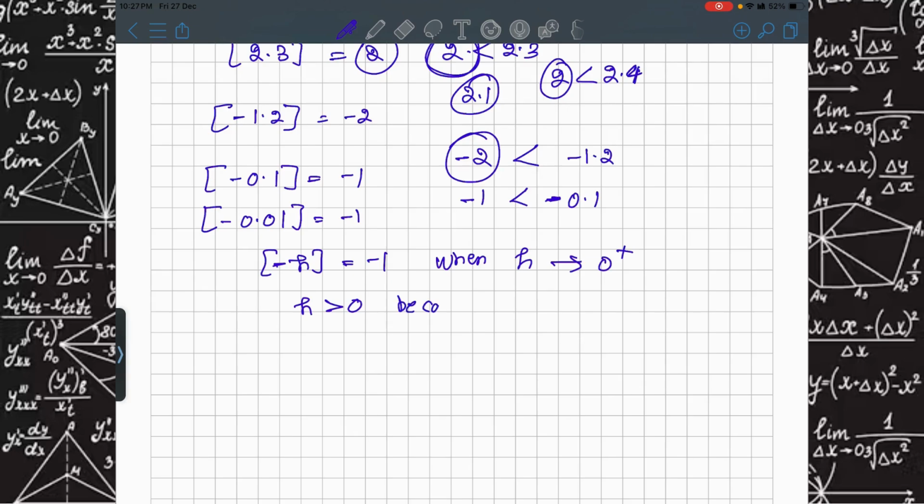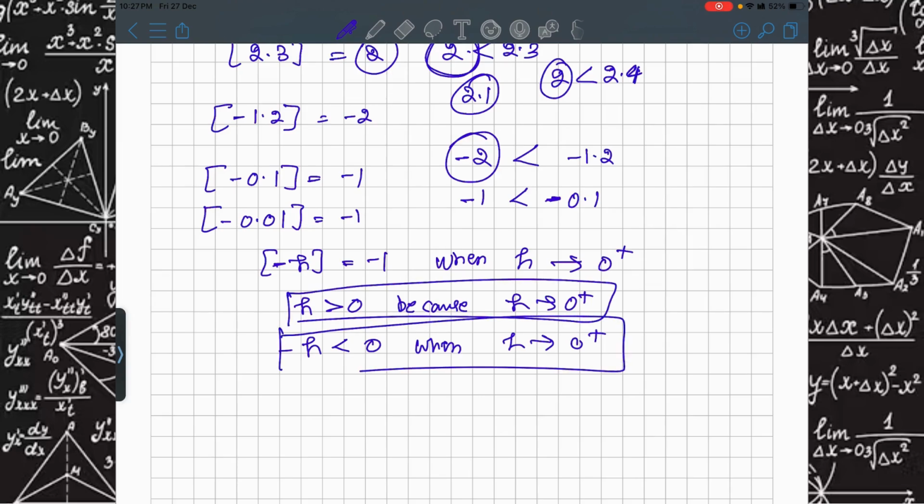This is because h tends to 0 plus, right? So we can also say that minus h is less than 0. When h tends to 0 plus, this also satisfies.